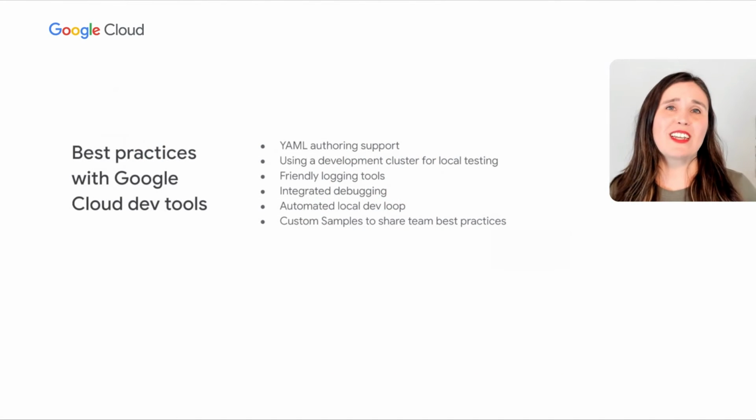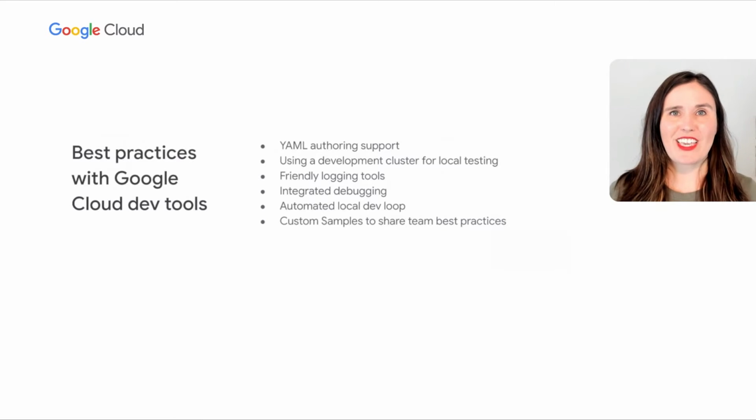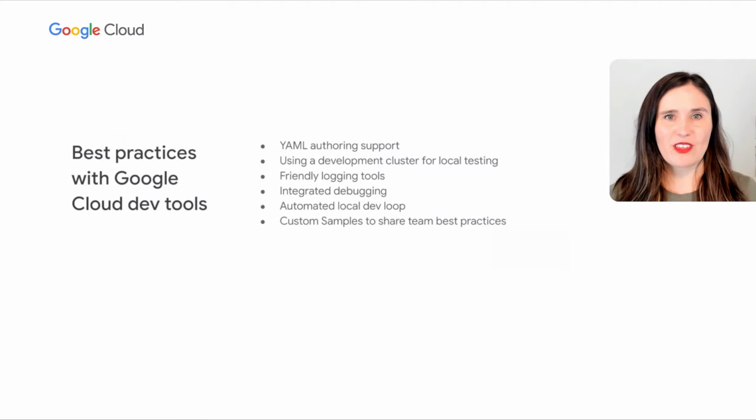And you'll see that in a minute in the demo. For debugging, sometimes print and log statements just aren't enough. It's useful to be able to step through the code. Cloud Code brings Kubernetes debugging into your IDE. It lets you do step by step debugging live in your Kubernetes cluster, locally and remotely, using the IDE's debugging interface that you're already familiar with.